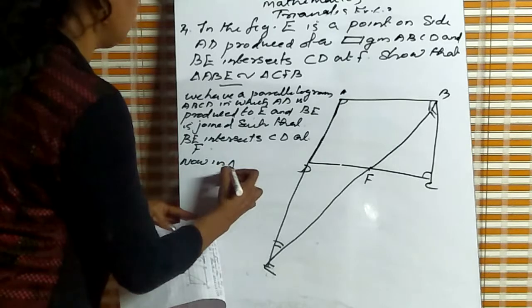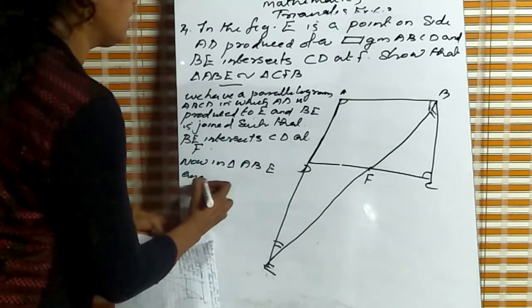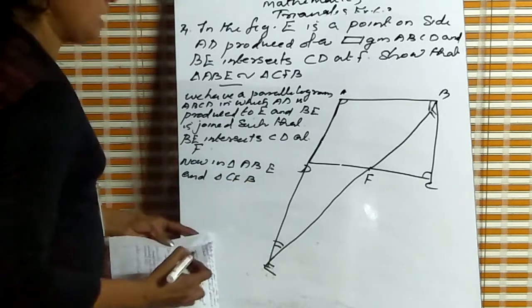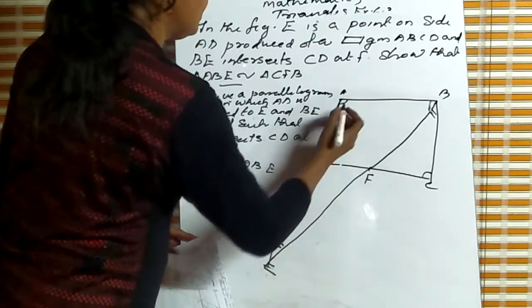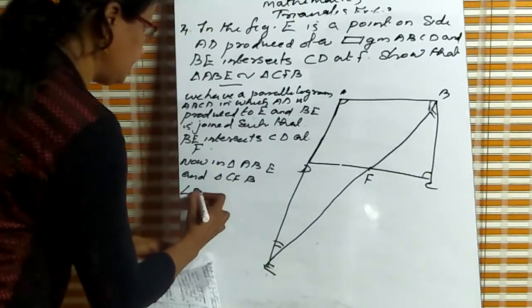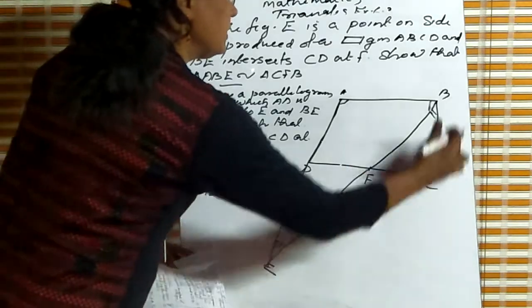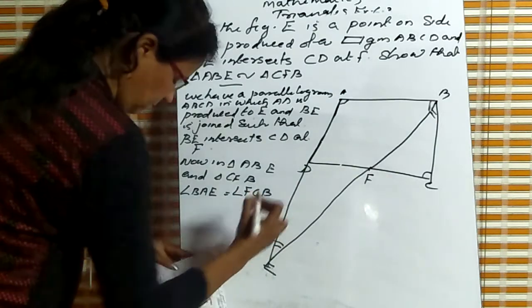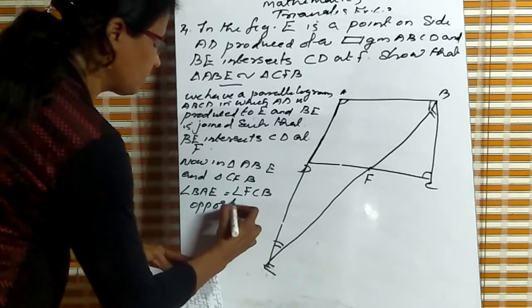Now, in triangle ABE and triangle CFB, angle BAE is equal to angle FCB, opposite angles of a parallelogram.